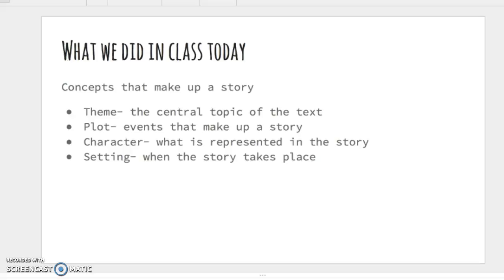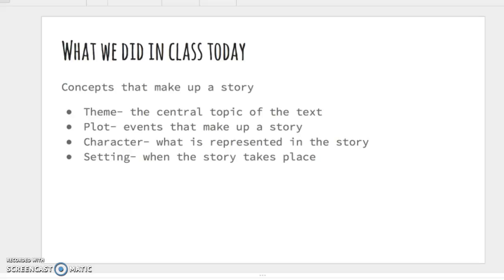You should know what theme is, but as a refresher, theme is the general idea or central topic of the text. It's what the story is about: moral or friendships, love, equality, just the underlying tone or reasoning behind the story.